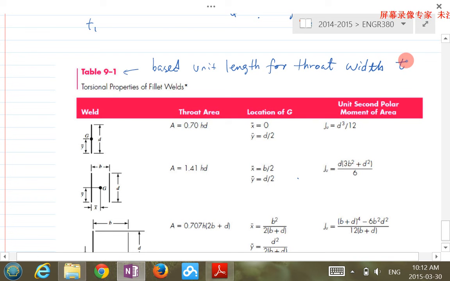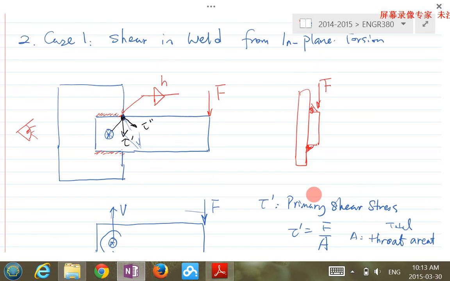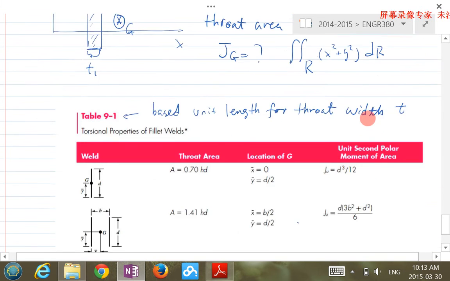So, for example, what do we have here? This is one type of weld, where you just have one line of weld. If I go back to this drawing, it's just one weld at this location, or at this location. Make sense? If that's the case, what is the J value?